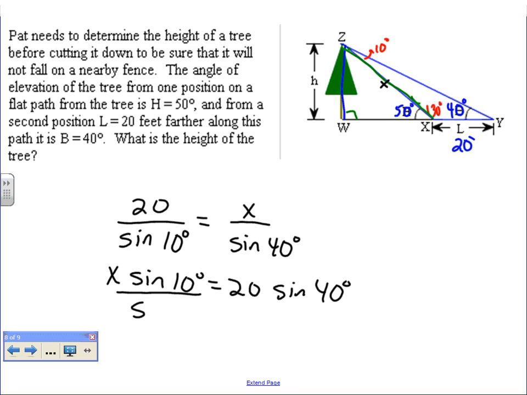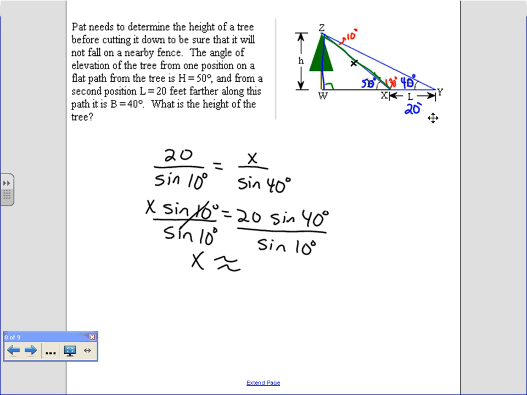We divide both sides by sine of 10 after we pick up our calculator. Okay, so let's put it in. 20 times sine 40 divided by sine 10. This will be about 74.0 here. Now, is that what we're looking for?